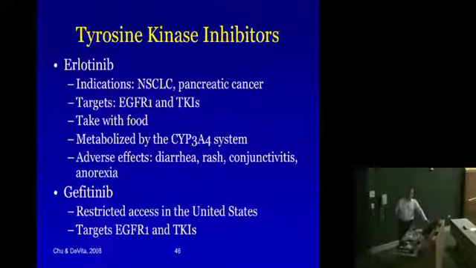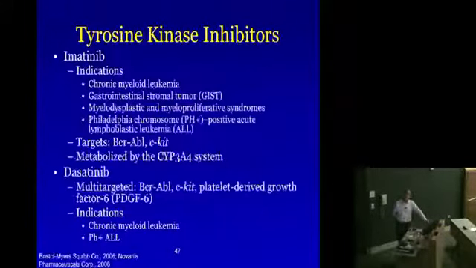Gefitinib was the first one tested on the market. It was actually brought to market quite quickly from the FDA when it was first tried in a lung cancer study. However, on subsequent studies and larger studies, it was found to be not beneficial and therefore is not approved in the US. And therefore, only patients who were previously on it could remain on it. But it is approved in Japan and used readily.